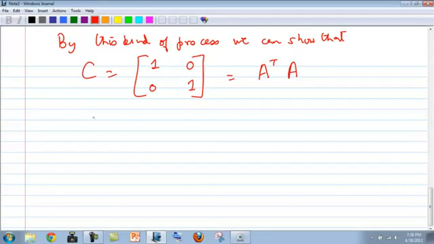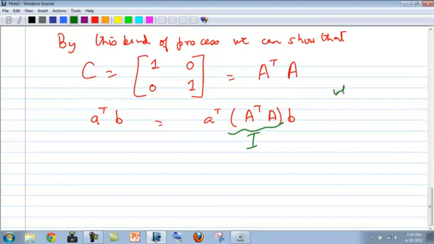Now this is really not that surprising, because if you recall my basic setup, A transpose B was A transposed times this matrix A transposed A B, and that kind of leads one to expect that this matrix must be the identity matrix I, where I is the identity matrix 1 0 0 1. So that's what we have shown.